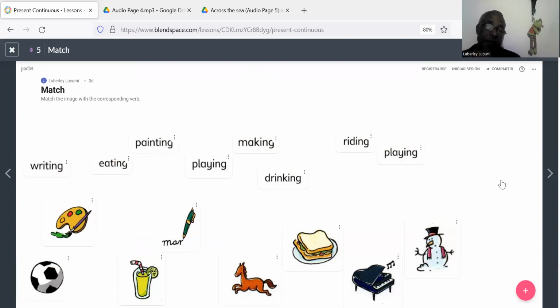So try to join. Let me give you an example. Playing, for example, playing. Maybe I can join playing with ball because I can play soccer, for example.